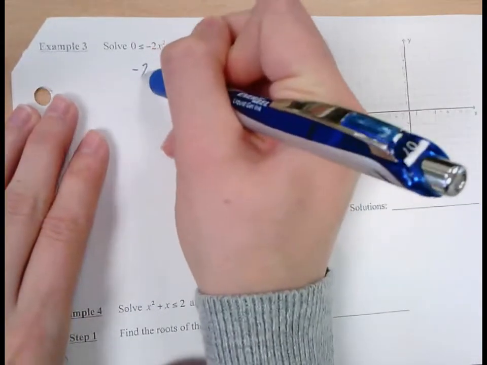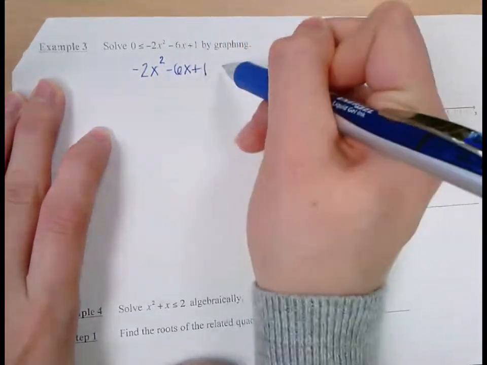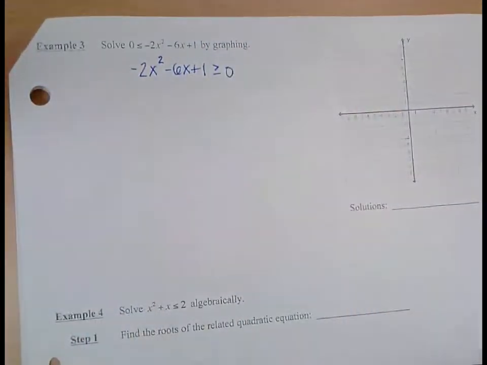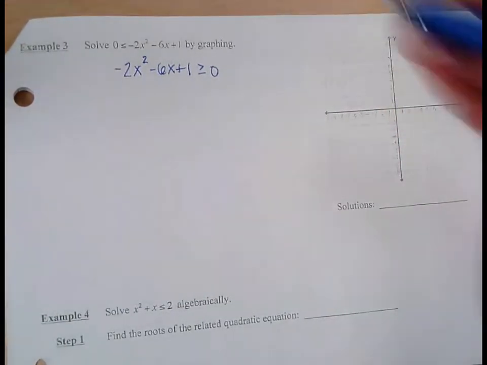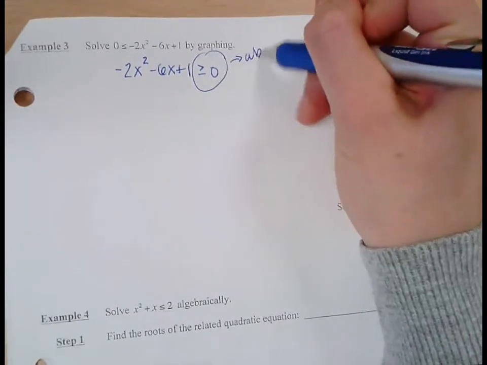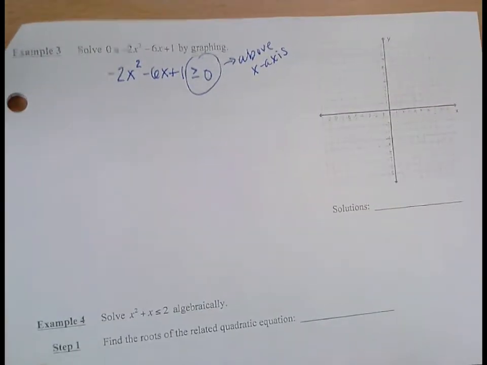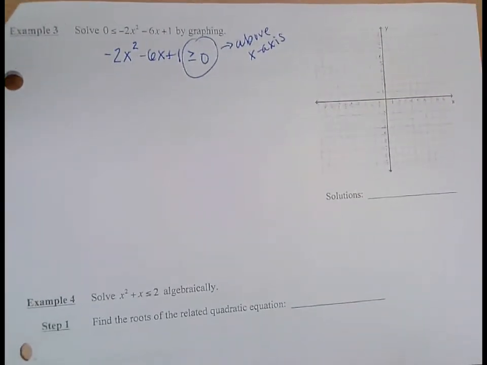So if I flipped this around, it would be -2x squared minus 6x plus 1 is greater than or equal to 0. So in the end, when we have our graph, because it's greater than, we're going to be looking above the x-axis. So try to have the 0 on the right side of the inequality. Switch it around if you need to. That would be my recommendation.